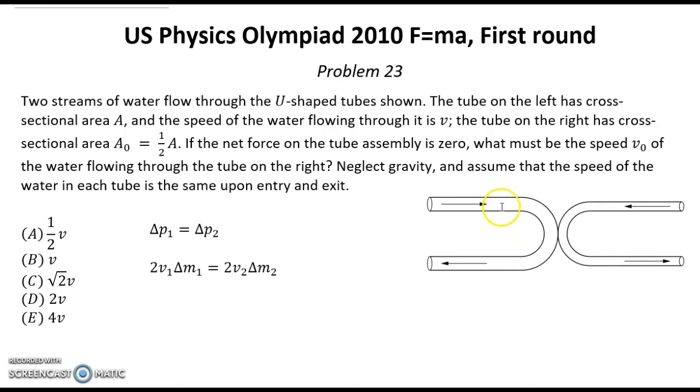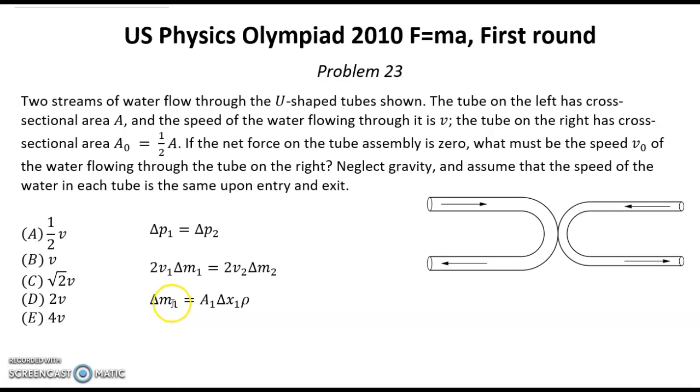So the total change of momentum in this pipe will be 2 v1 multiplied by delta m1. For the same reason, we have the same expression for the right pipe. So we have that's equal to 2 v2 delta m2.